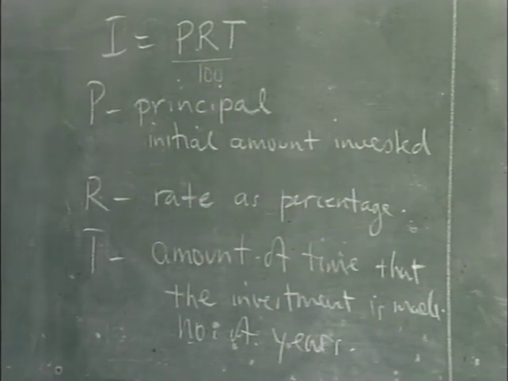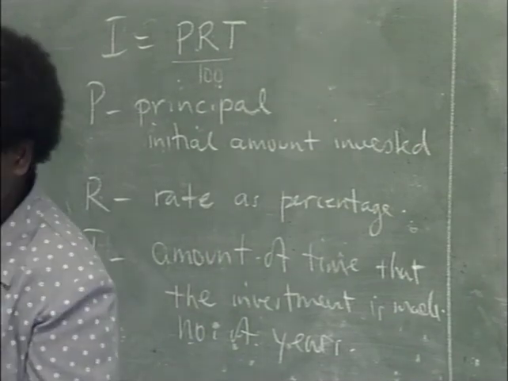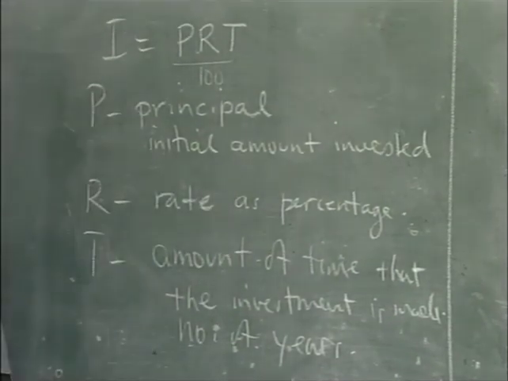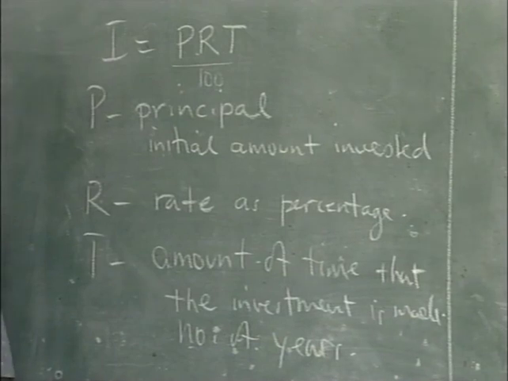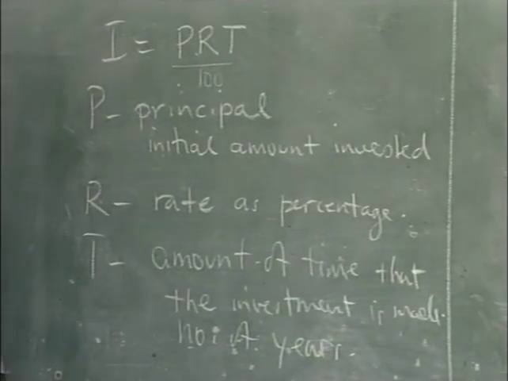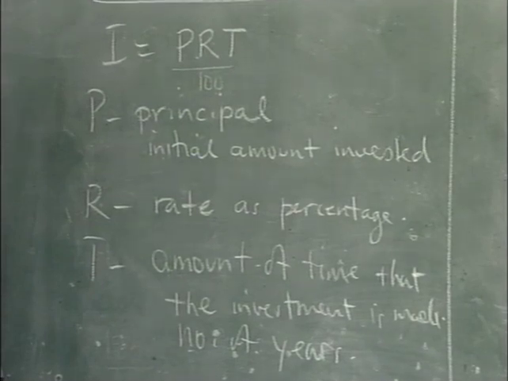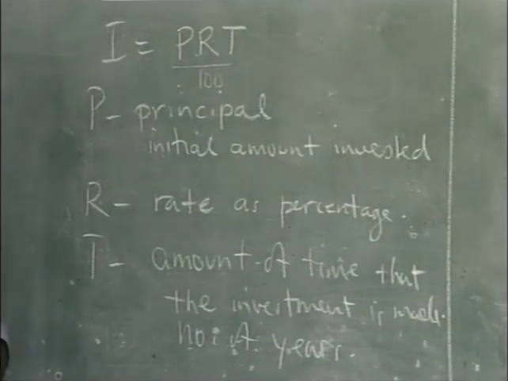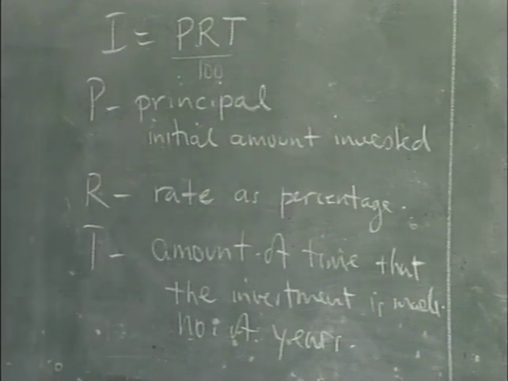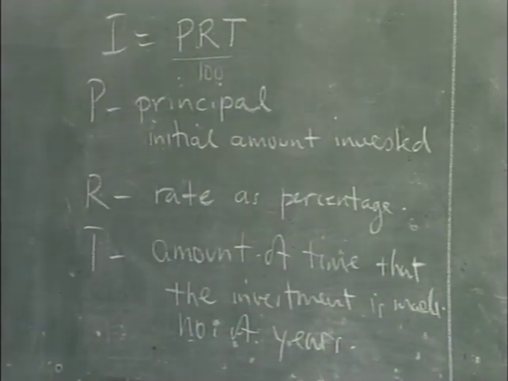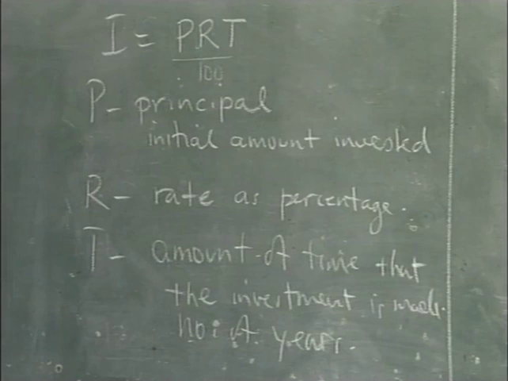Now, it depends on how often the interest is calculated. So sometimes it's also the number of periods the investment is there for. Like if it is calculated every 6 months, then T will not be 1. It will have to be 2 for every year.